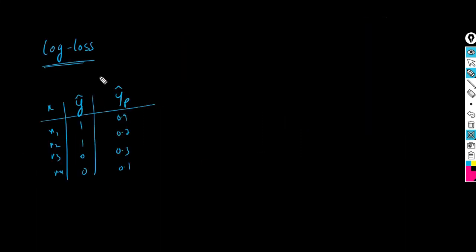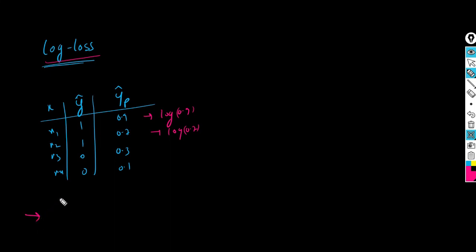Okay. Now let's see about log loss. Log loss can be used for both binary classification and multi-class classification. Let's see why we can use log loss. Generally, we get probability values from the model, and if we apply the log to these, we get some values.